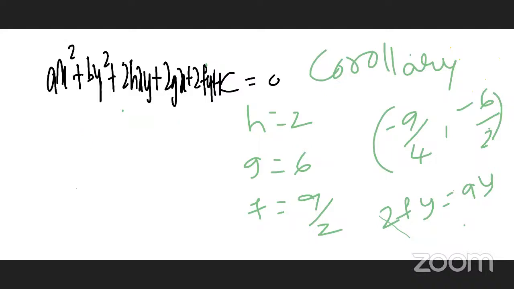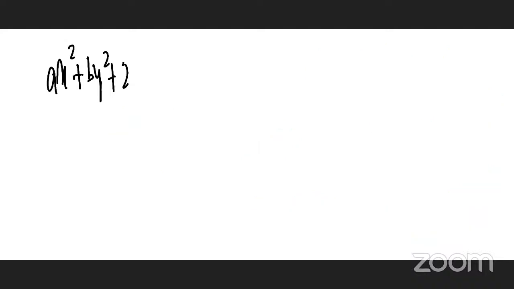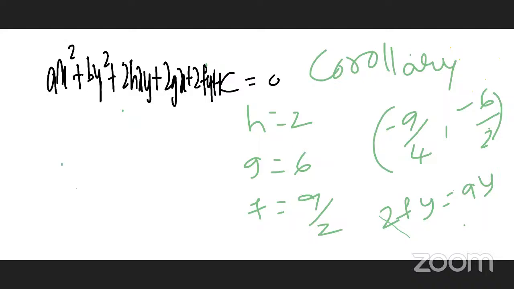So 2 into 9 by 2 into y. See, this is the form of 2fy. So f is how much now? My f value is 9 by 2.